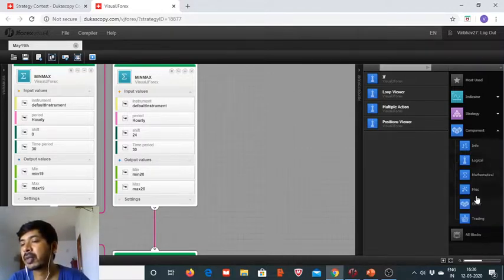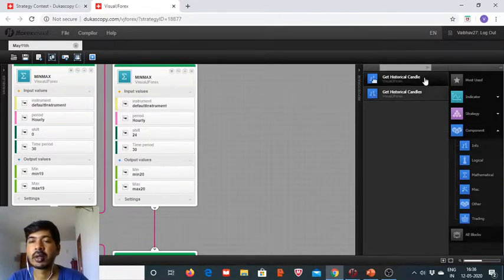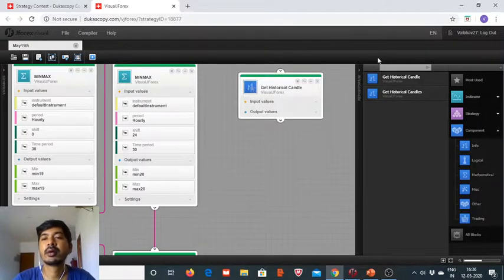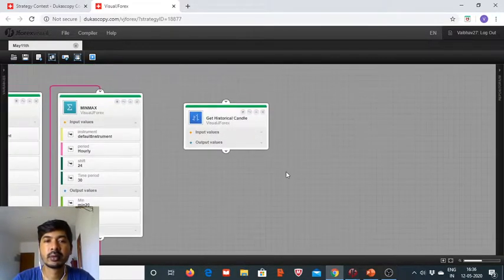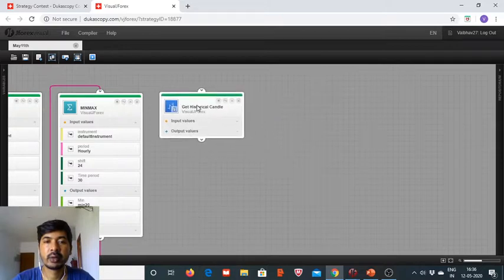for building our buy and the sell side. So here we will need the info, get historical candle. Okay, so we keep it here only.